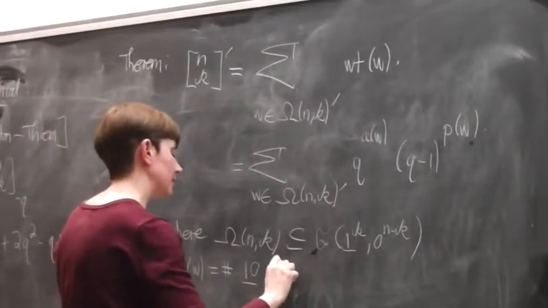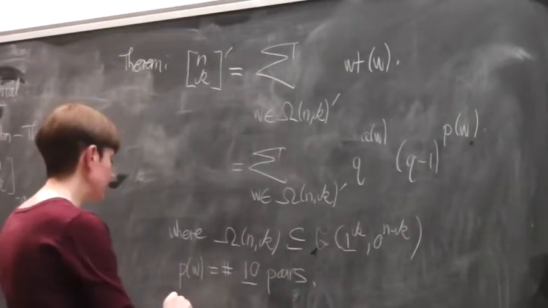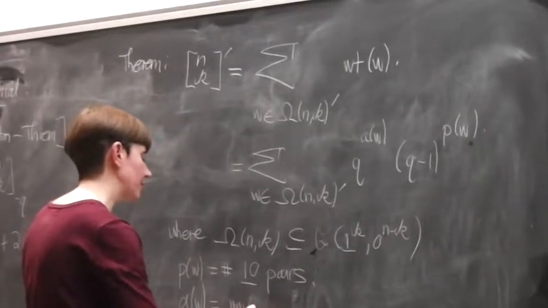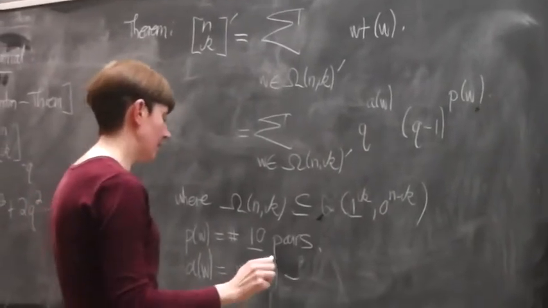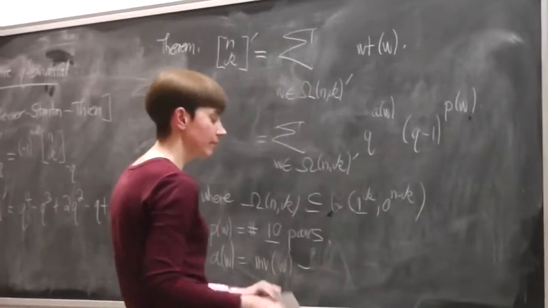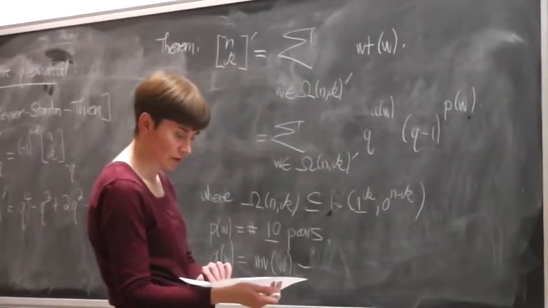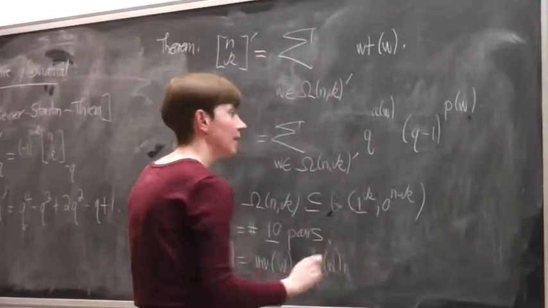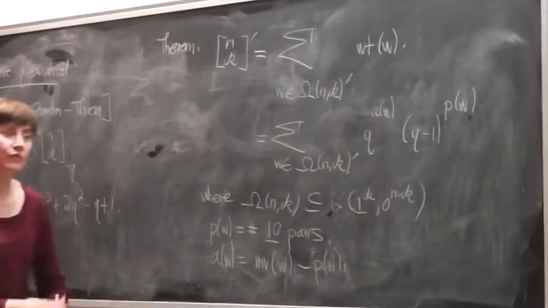I'll tell you what that is in a moment. And then A of w is going to be the usual inversion number minus the number of pairs. So the whole point is that the degree stays the same.